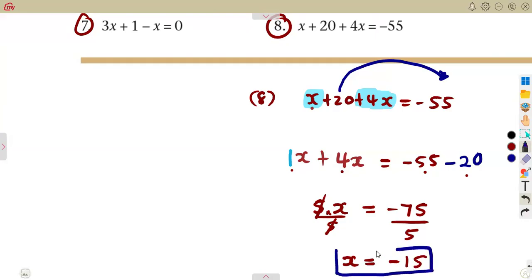And I want you to check if truly it is going to give us this minus 55. So you substitute it on the left-hand side and see if you're going to obtain a minus 55. If you obtain a minus 55, then it means our x value there is correct. So that's the advantage of equations. You can test them to see if the value that you're calculating there is correct or not.